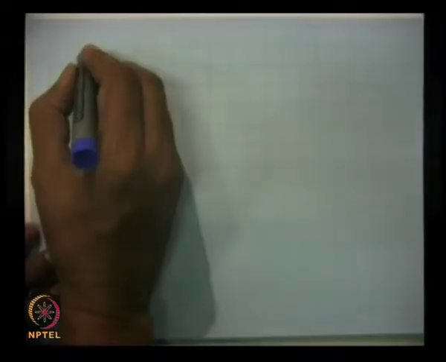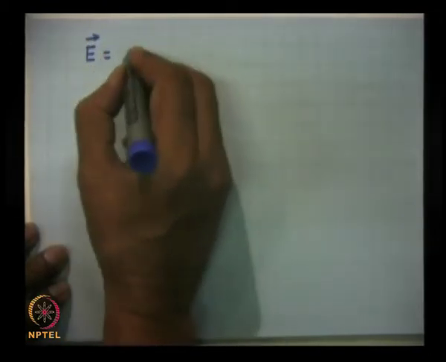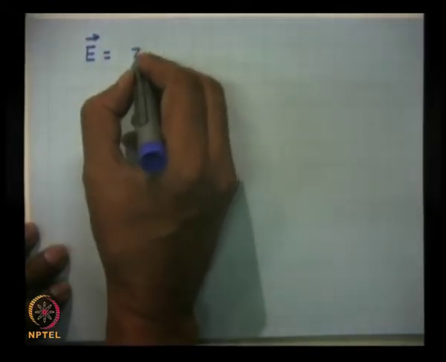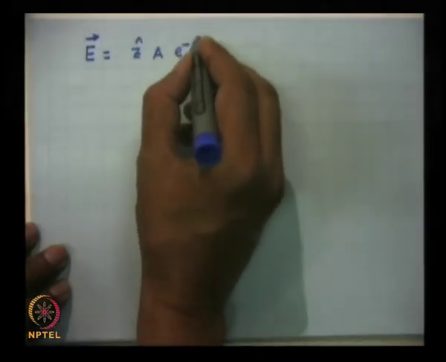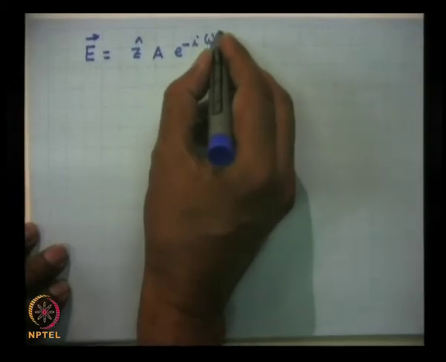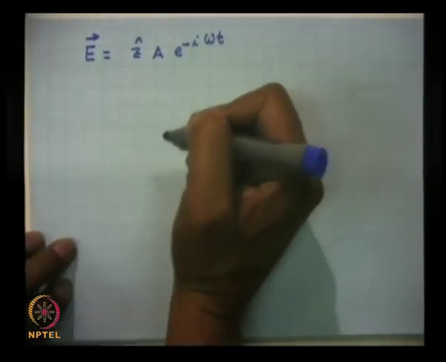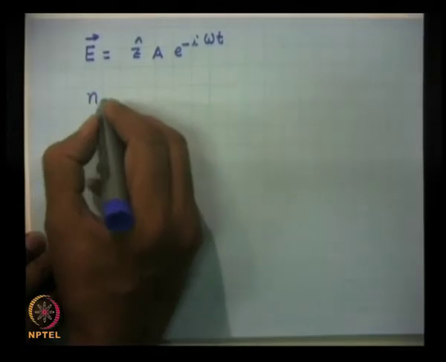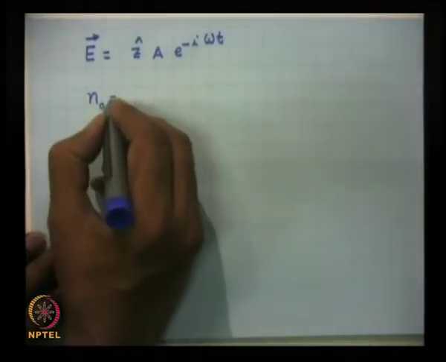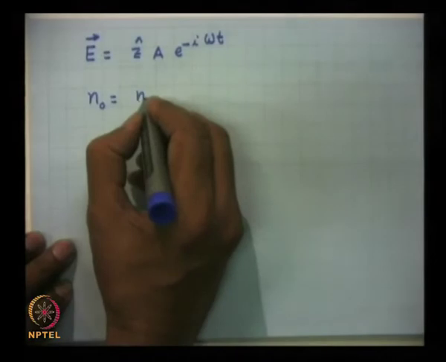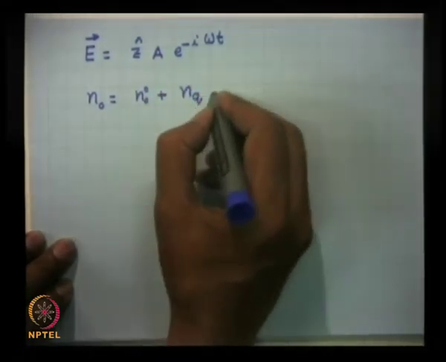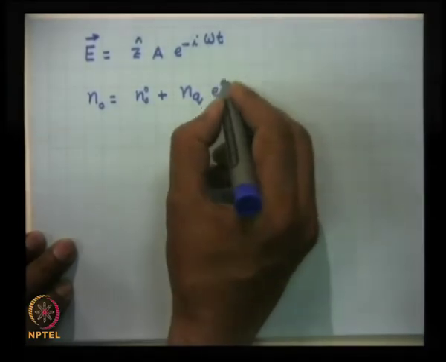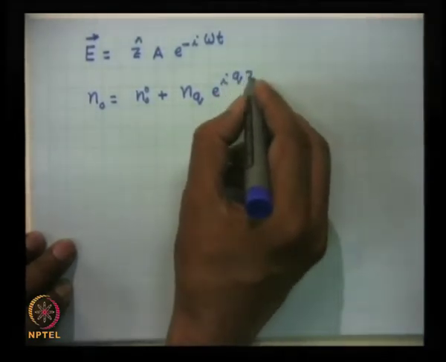I am considering a plasma subjected to an electric field E is equal to say z cap A exponential minus i omega t, and the plasma has a density n0 is equal to n00 plus nq exponential of i q z.